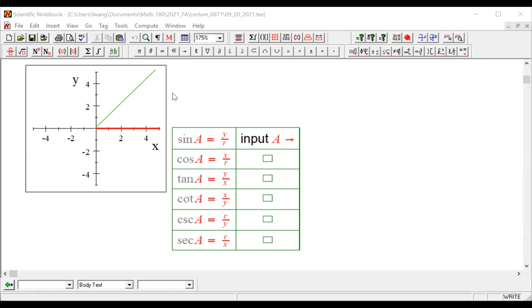Sorry. You pick a point, and this point is X comma Y, right? That's what's inside the definition, right? And what is R? The hypotenuse, right? Because we just talked about this piece.